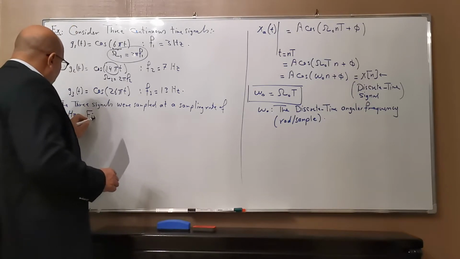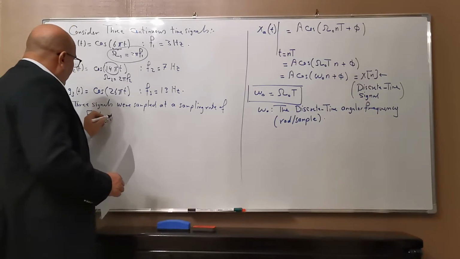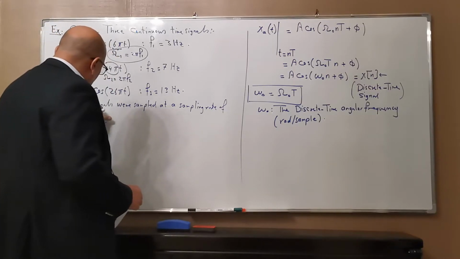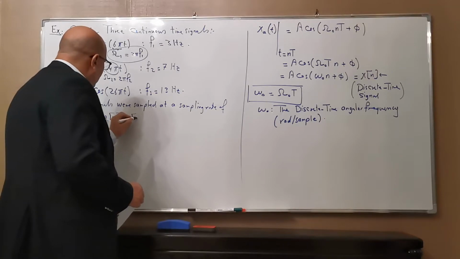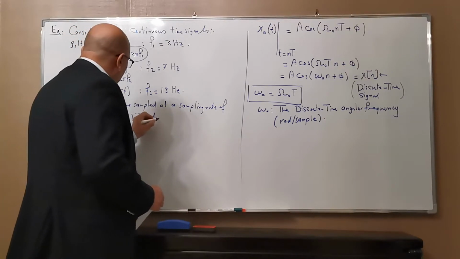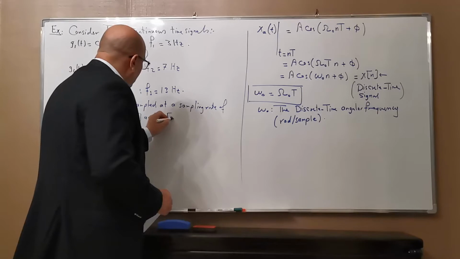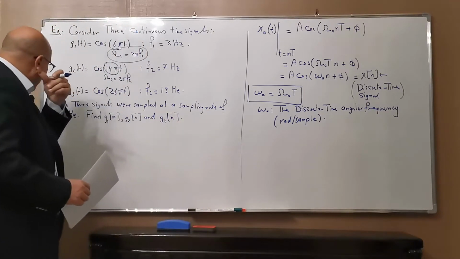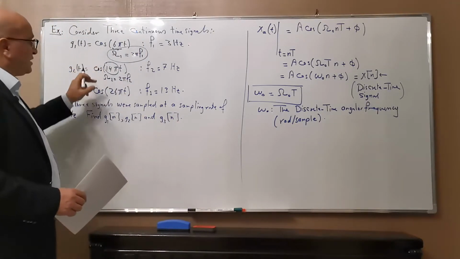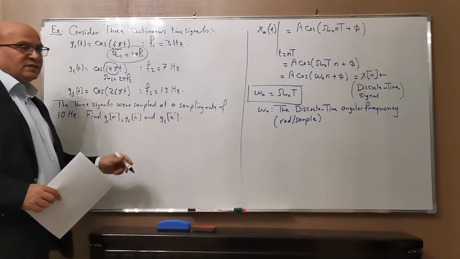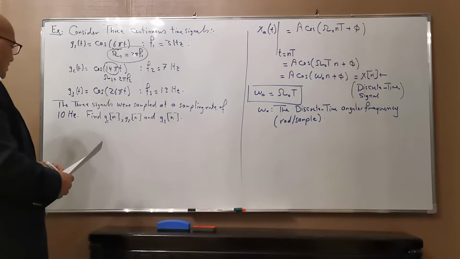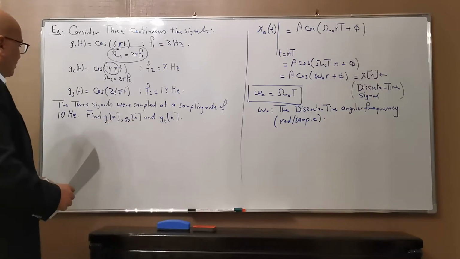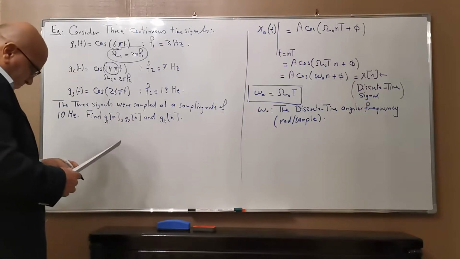Find g1 of n, g2 of n, and g3 of n. So we need to sample those three continuous time signals and get the respective discrete time signals that correspond to each one of them.